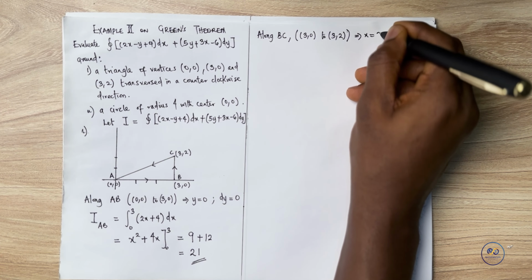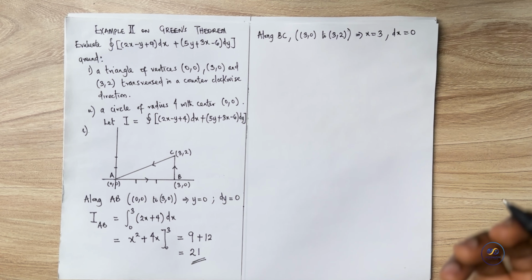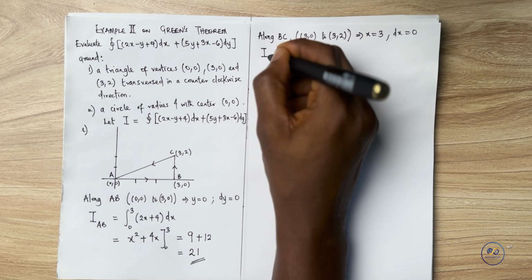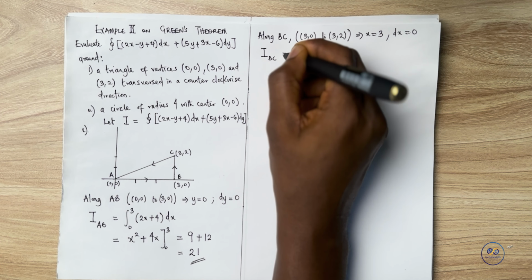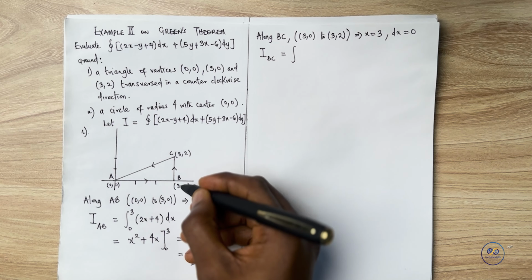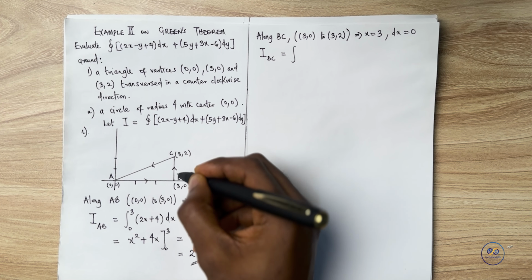So x equal to 3 is the equation, and then dx will be equal to 0. So the integral over BC would this time simply be the integral. Now remember, we're going counterclockwise, so this is the start point and this is the end point for that line.